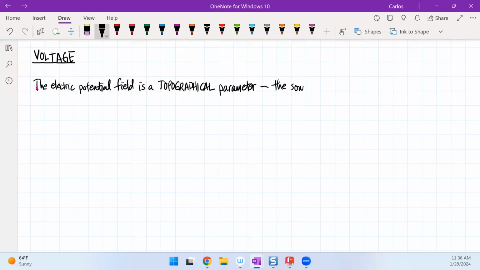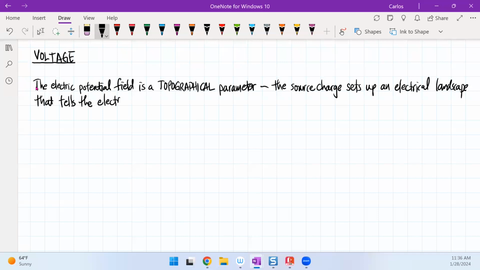The source charge sets up an electrical landscape that tells the electron how to move.